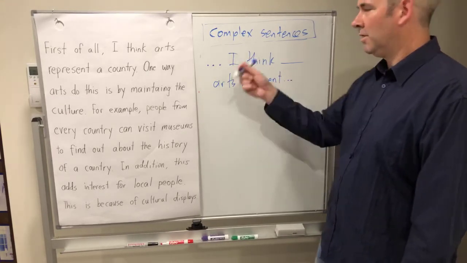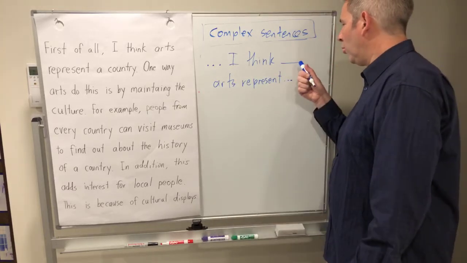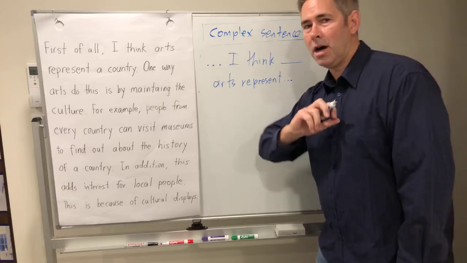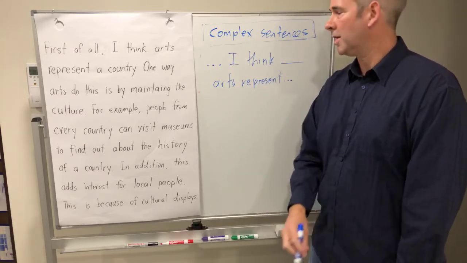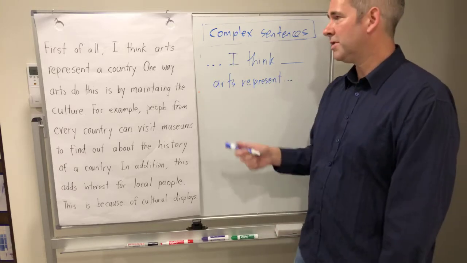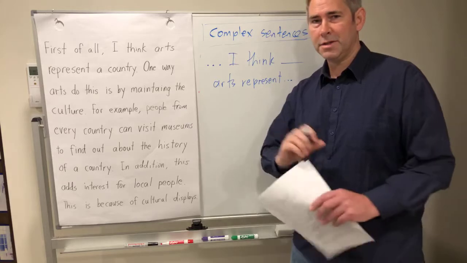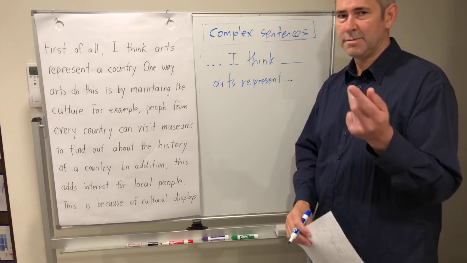I'm just going to put part of the sentence there. What's missing to highlight to the examiner that this is indeed a complex sentence? So I'll give you a chance. What's the blank word which the student could have included just to highlight that he's using a complex sentence? So take 10 seconds.